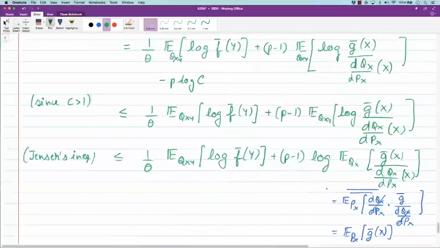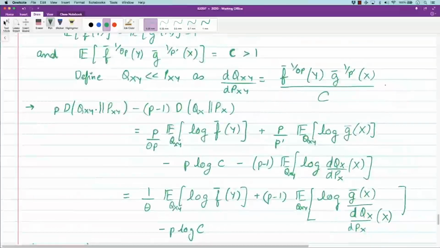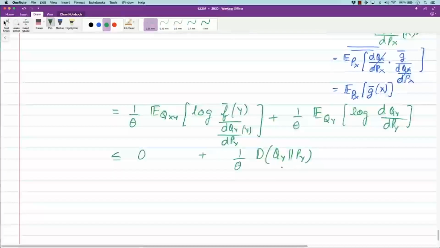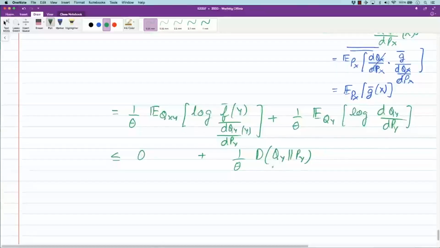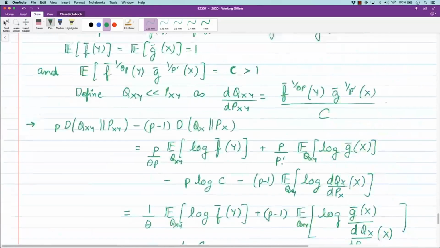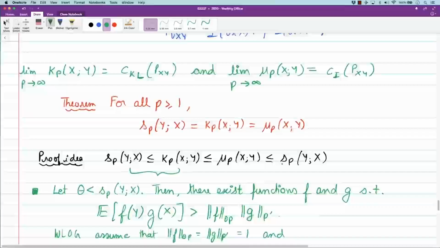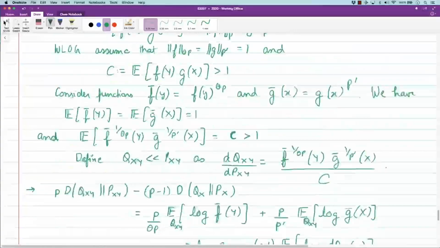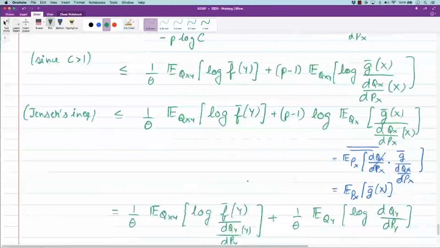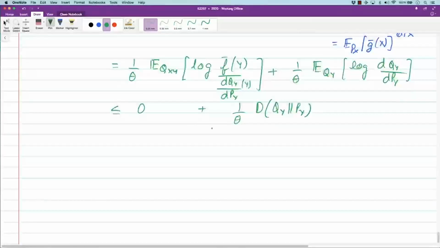So if you look at this, this is the numerator of the expression of kappa. This is less than or equal to 1 by theta times the, that's the denominator, this is the numerator.